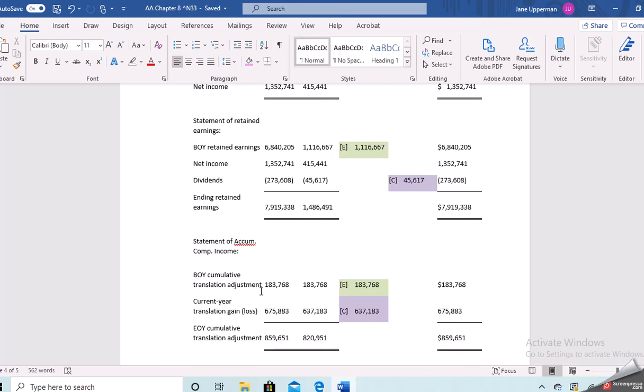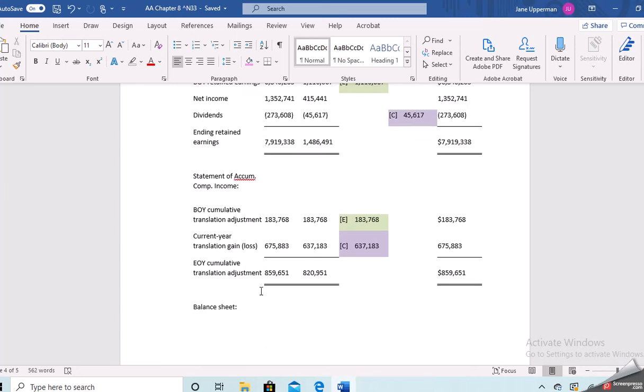It's broken out by our beginning year, our current year, and then our ending year. Then we have the two entries that impact it, our E entry and our C entry. So that was our beginning of the year balance. And this was our current year adjustment that we put in. And then you can see as you come over here, it should just equal your parent's.